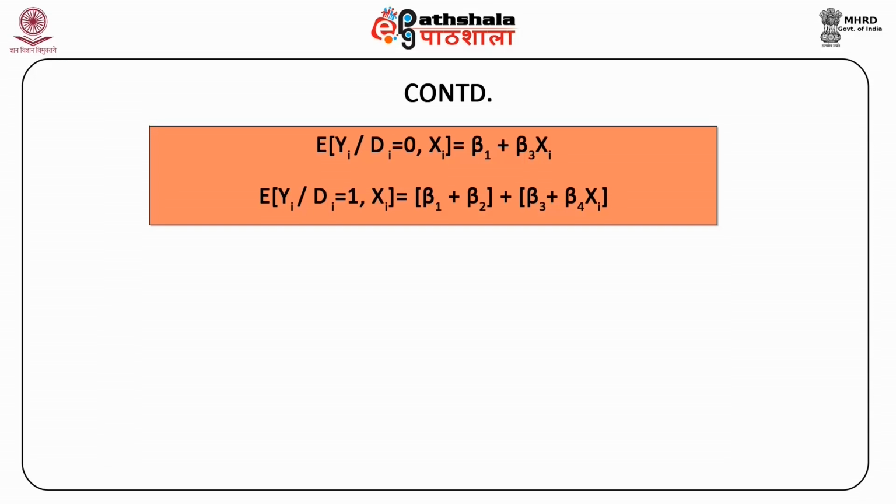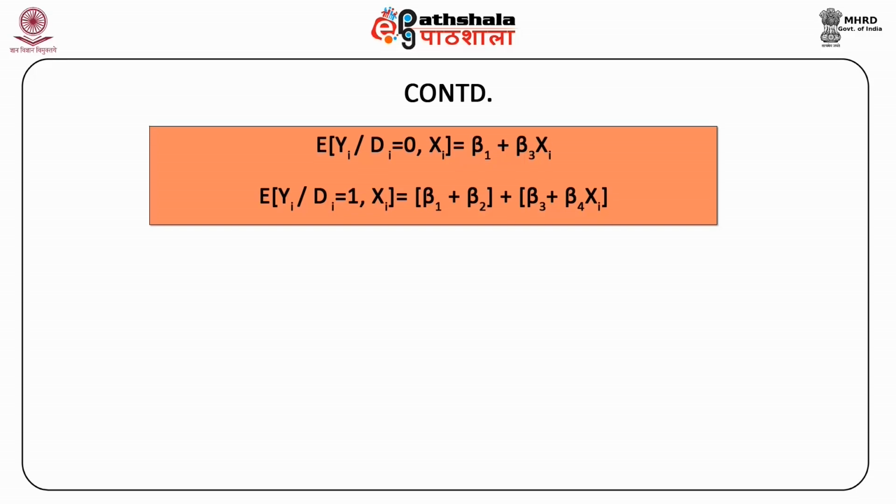Similarly, when we take the conditional expectation of the above equation for dummy variable with di equal to 1, we get expected value of y given di equal to 1 and xi being constant equal to beta 1 plus beta 2 plus beta 3 plus beta 4 xi.